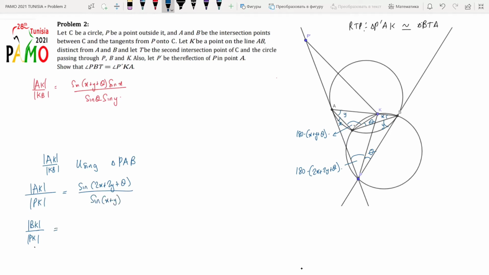That will be it. And in the other triangle PKB in the bigger triangle PAB, we're going to get that BK over PK is going to be equal to what? Sine theta over sine x plus y. So I want to divide these two things.